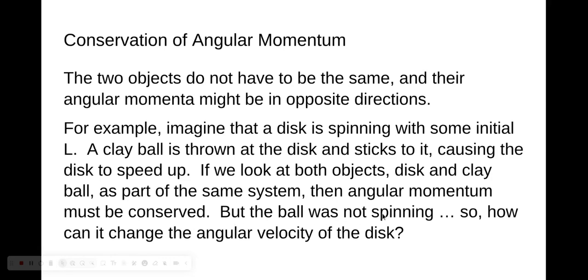But the ball was not originally spinning. It was traveling linearly. So how can it change the angular velocity of the disk? If angular momentum is conserved, and this disk has some angular momentum, and the ball apparently does not, how did we change that? Why did the disk speed up?